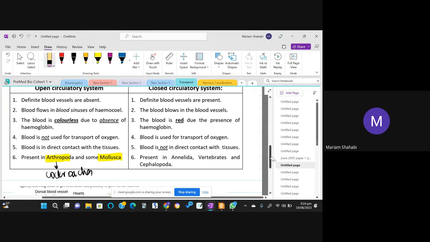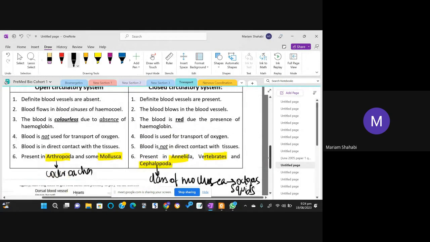So this is present in phylum Arthropoda and Mollusca. Closed circulatory system is in annelids, vertebrates, and cephalopods. Cephalopoda is actually a class of mollusca. इसमें आते हैं octopuses. So octopuses will have a closed circulatory system, and also squids.